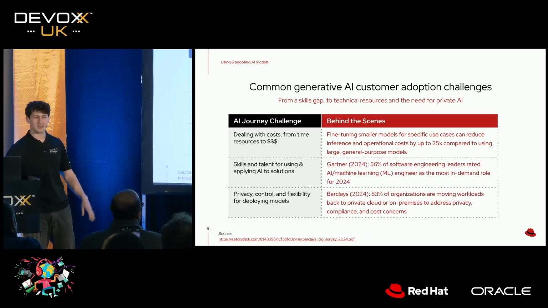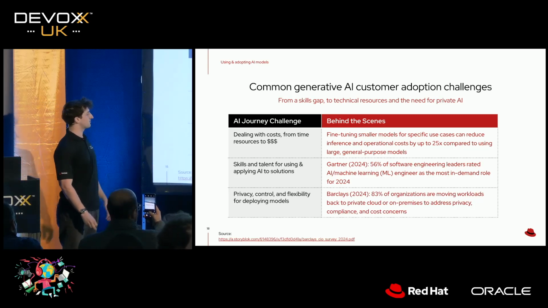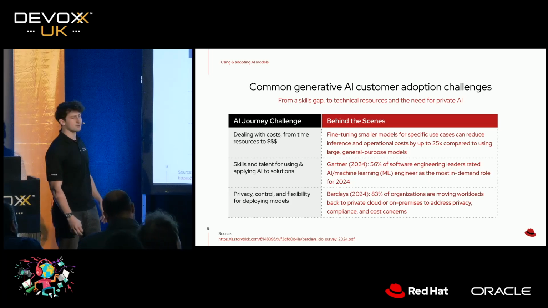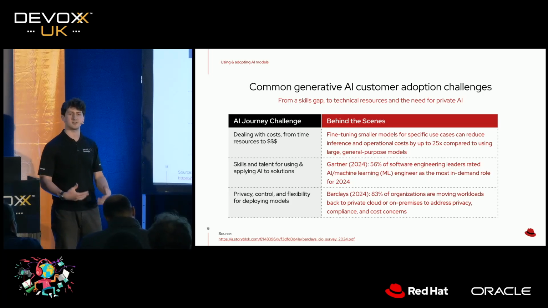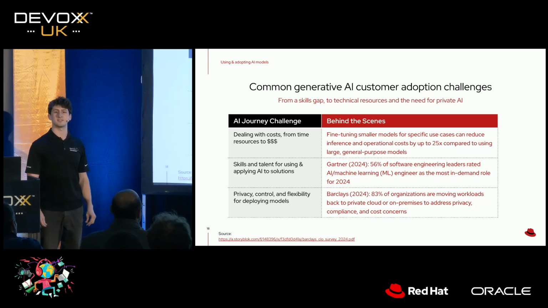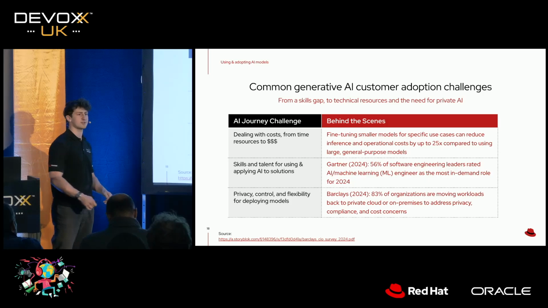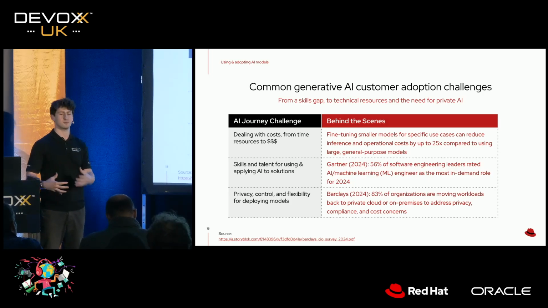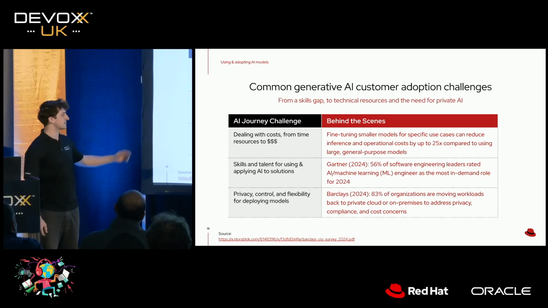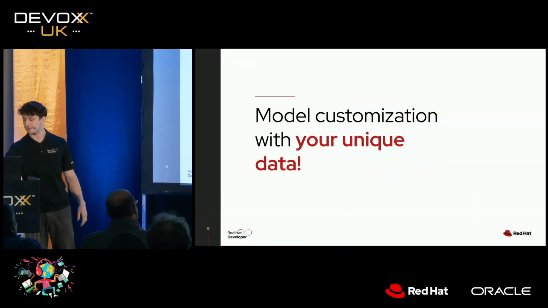We'll go through this really quickly, but these challenges stem from the cost, where you're able to save up to 25% if you fine-tune your own model for a specific use case, to then the talent. A lot of us aren't looking specifically for researchers to join our team. We're looking for AI engineers, people who can work with LangChain, LangGraph, and MCP, and these agents, to then finally needing privacy and being able to control our workload, and that workload being AI.